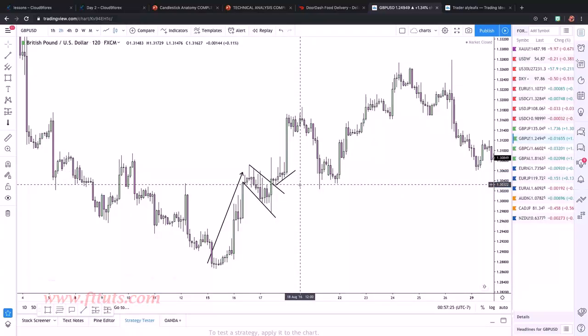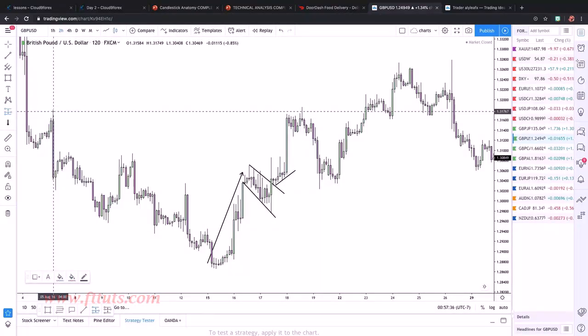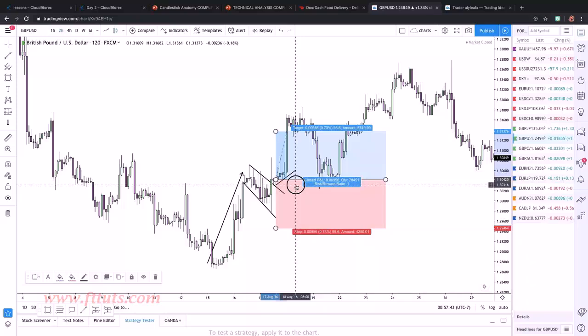Then I'm just going to draw this trend line because it respected it and continued up. So we would take our long position kind of right here.